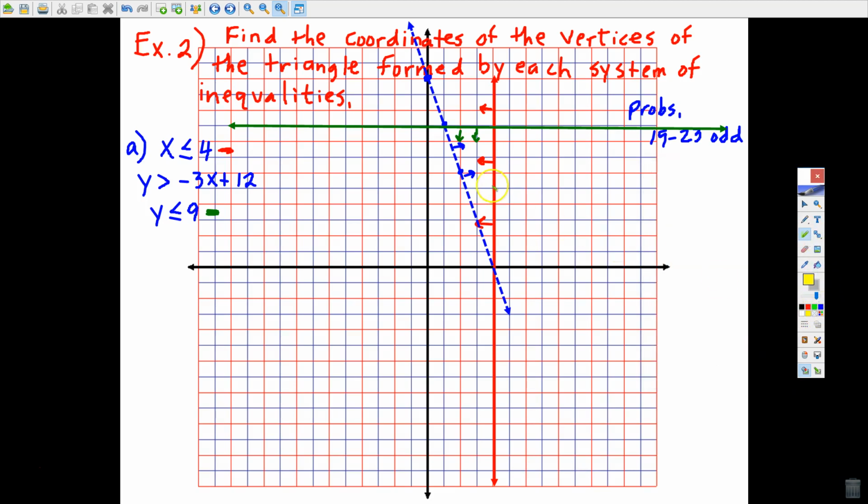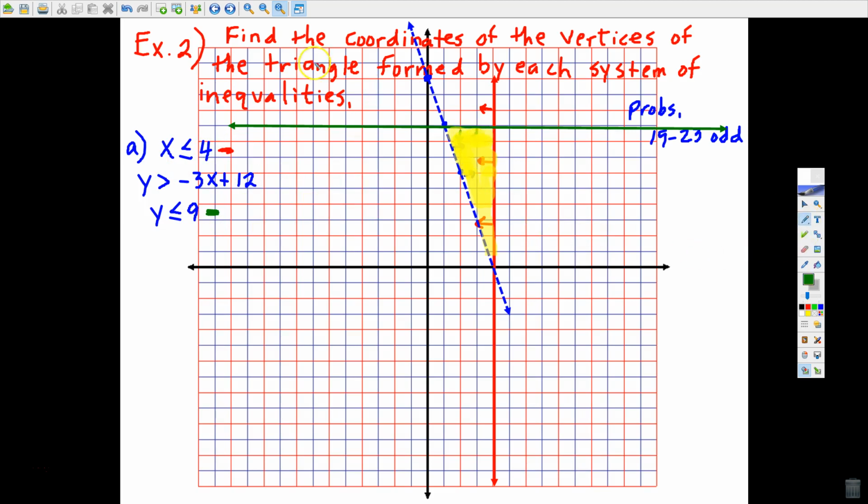Alright, so I'm just going to use yellow, and we'll shade inside the triangle. That would indicate all of the ordered pairs inside this shaded region would satisfy all 3 of these inequalities.